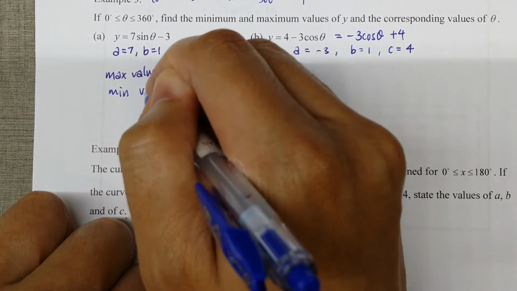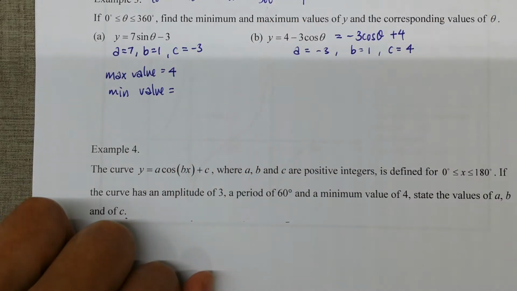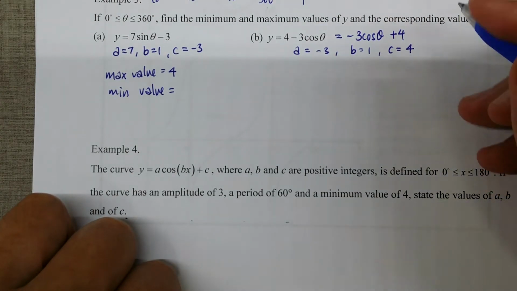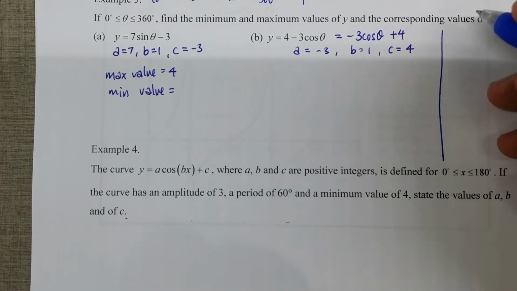Minimum value minus A. Since this is the first time, okay, never mind. I'll write it here. Will I have enough space? Let's do it here.